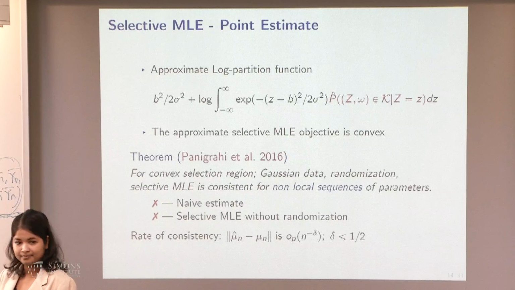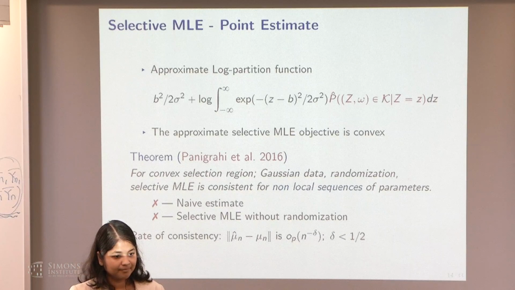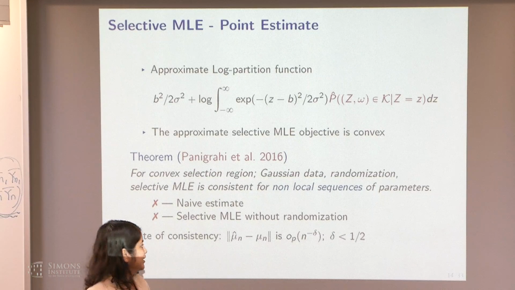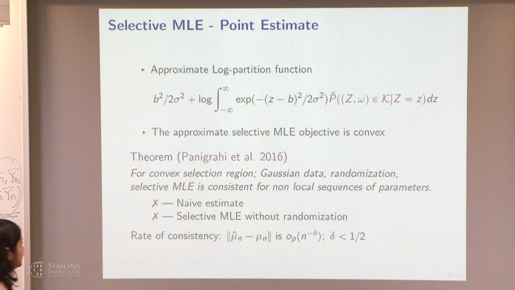So again, in the rate of consistency, how does the randomization parameter tau come in? To give you an intuitive sense of why the randomized law yields a globally consistent selective MLE whereas the non-randomized law doesn't, an easy way to see it is that the non-randomized law is not a smooth law.